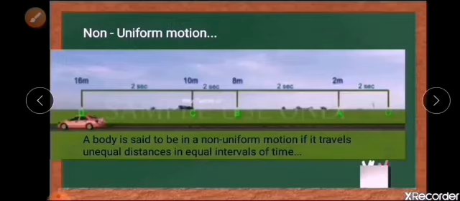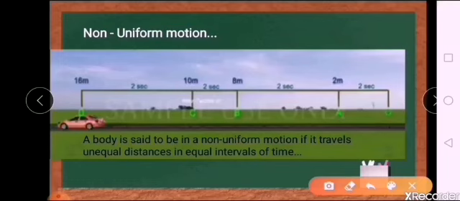Similar example, consider the same situation. An object is traveling from 0 to A, the same car is traveling back. When it is traveling back, see the time difference from 0 to A. In 2 seconds, it is traveling 2 meter.